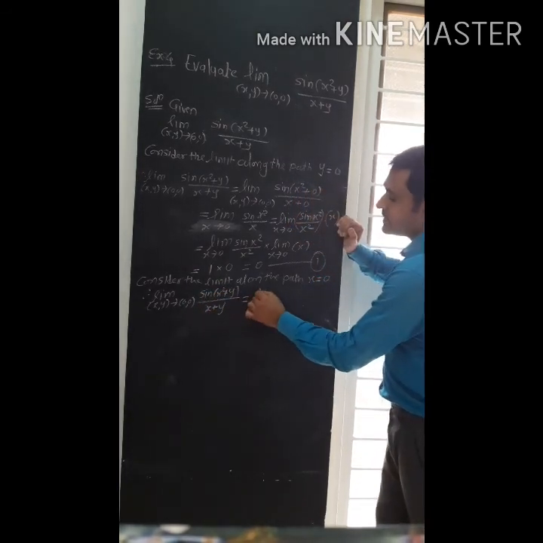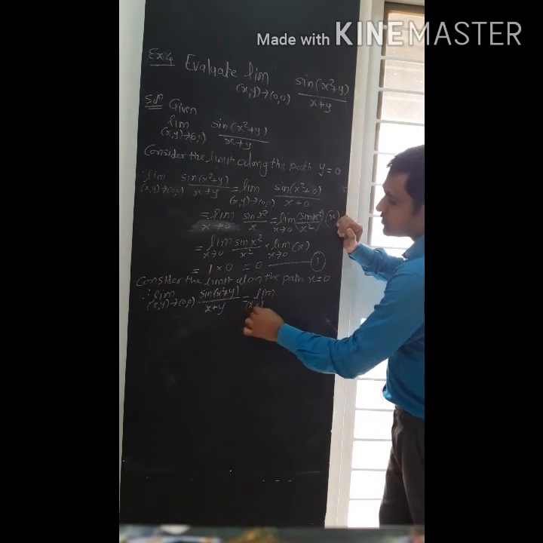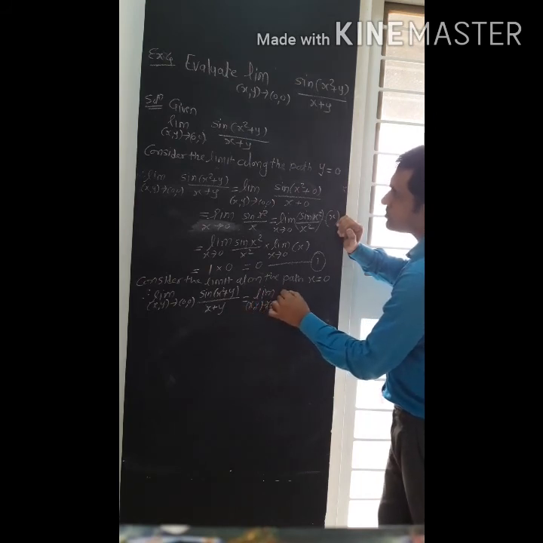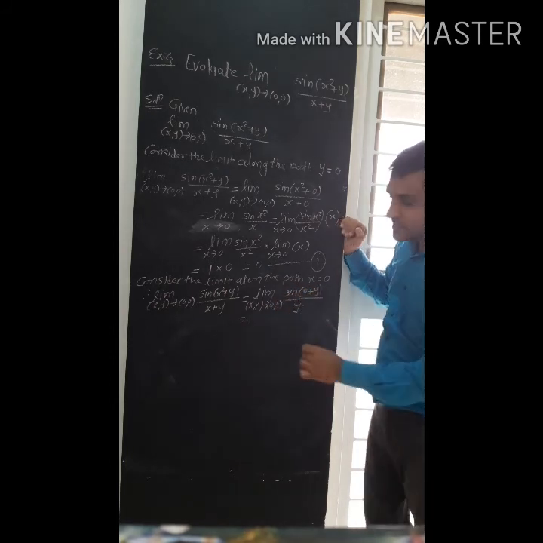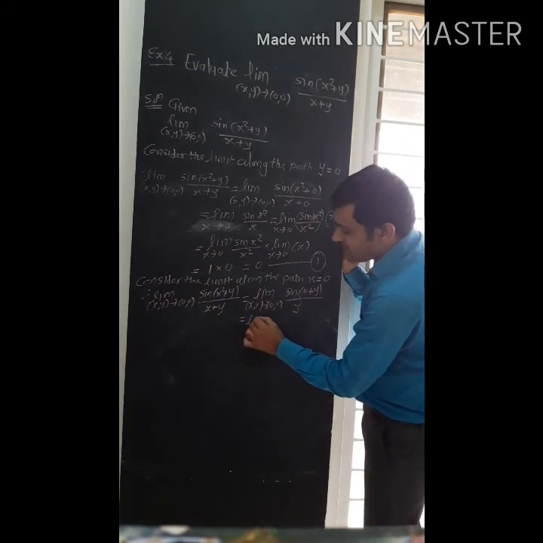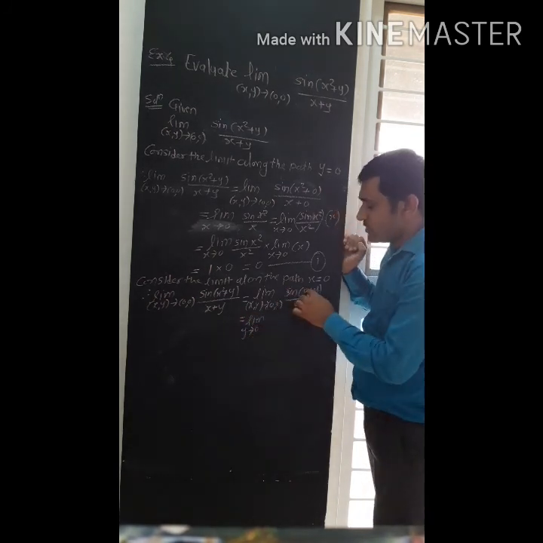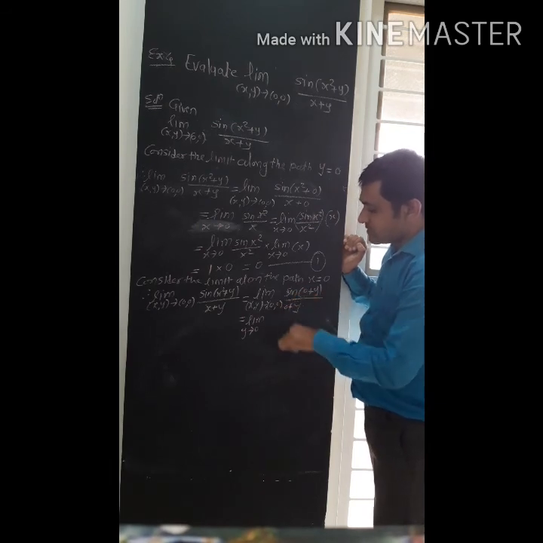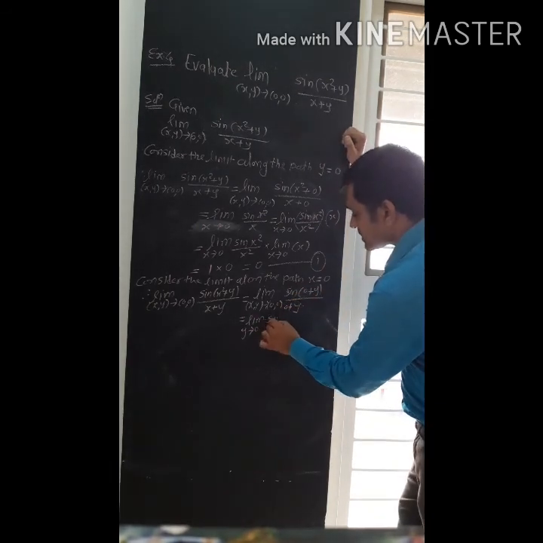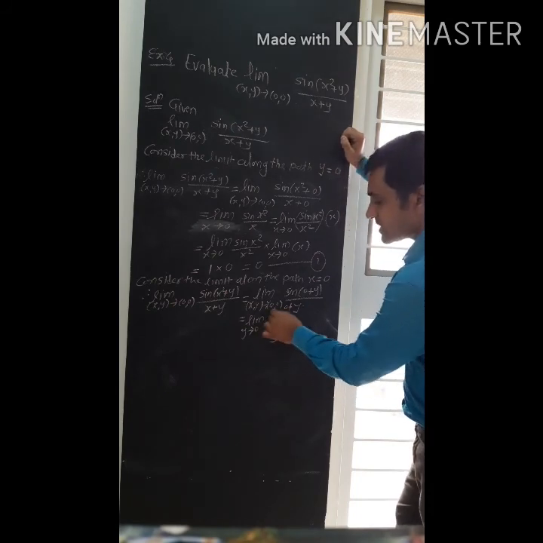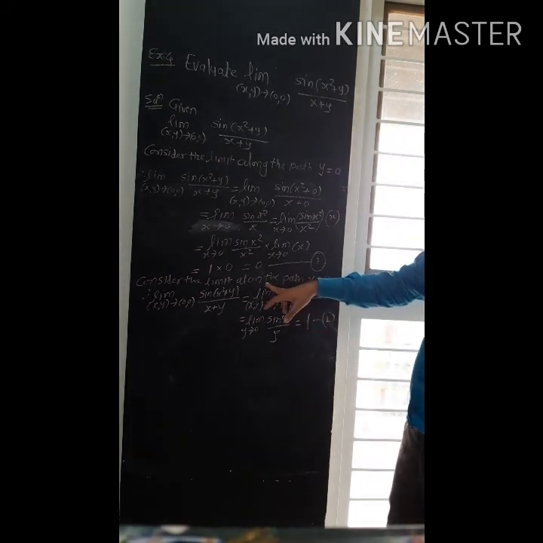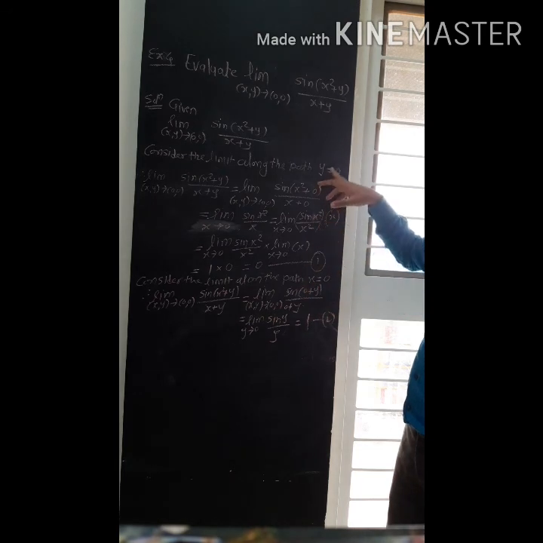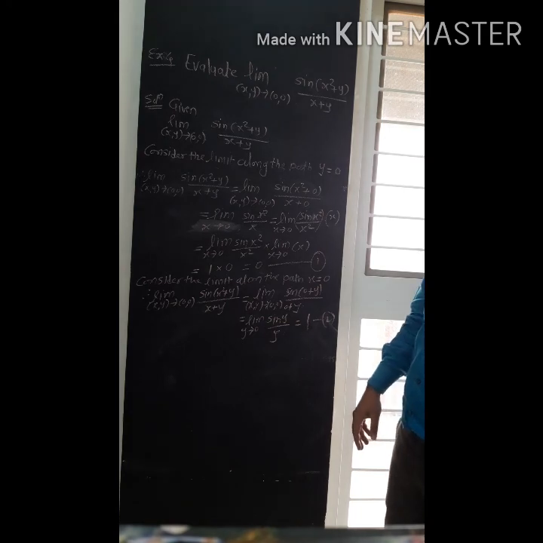Just replace x by 0, that is sin of (0 plus y) upon y. Therefore here we can take limit as y tends to 0, because there is no term of x here. So limit y tends to 0 of sin y upon y, and this limit is nothing but 1. Along this path the value of the limit is 1. Along the path y is equal to 0, the value of the limit is 0. So for two different paths we get two different limits. So the limit of the given function does not exist.